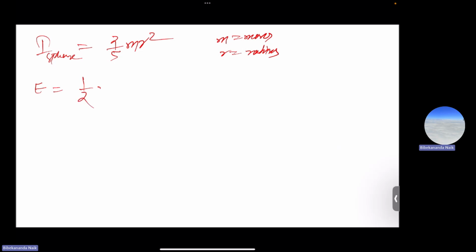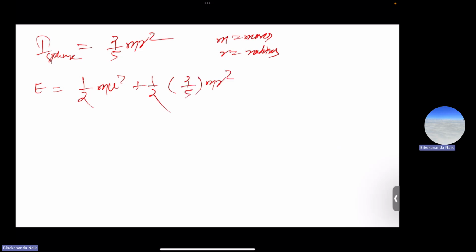So I for sphere, we know it is 2 by 5 m r square, where m is mass and r is radius of the sphere.